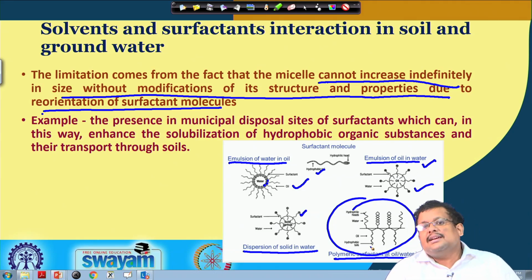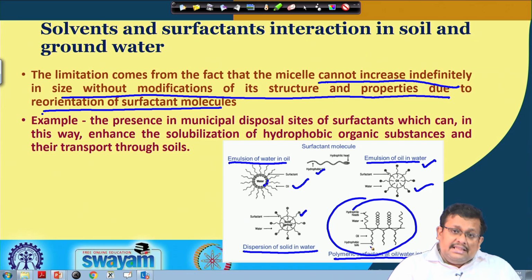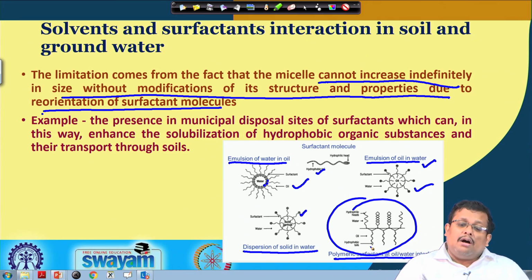So, as far as the movement of different hydrophobic toxic organic chemicals in the environment is concerned, the impact of surfactants is very important, and we cannot neglect that. That is why surfactants are considered one of the major environmental pollutants, because of their dispersing characteristics.